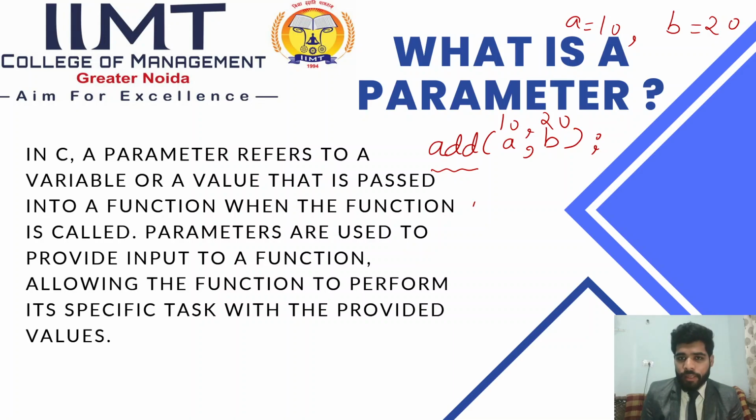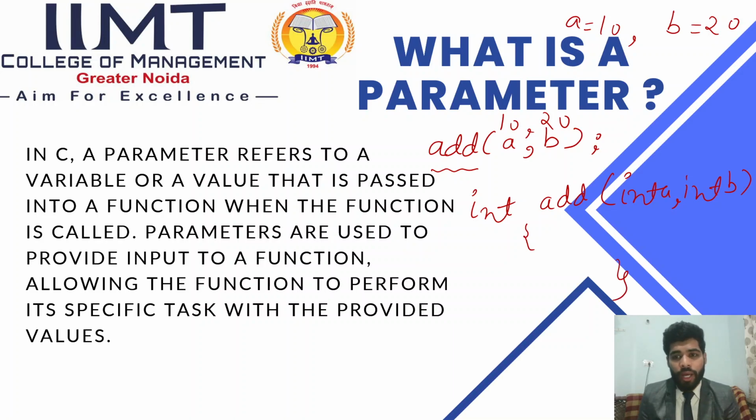Here is the function definition, int add, and in the brackets we write int a, int b. I have already told you that we are going to need variables to store the values. From here we are passing a and b, meaning we are passing the values of a and b.